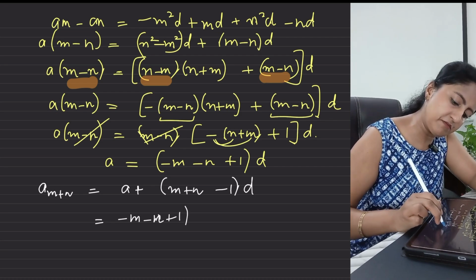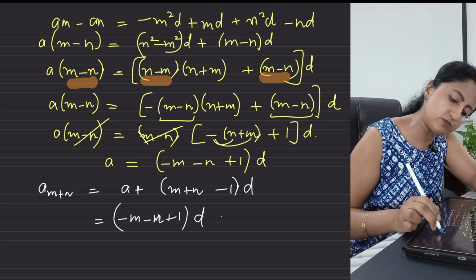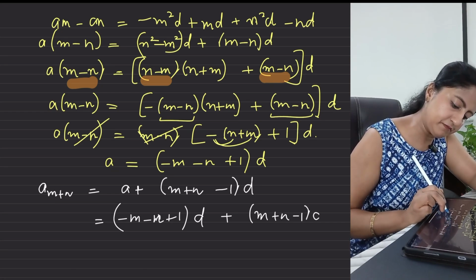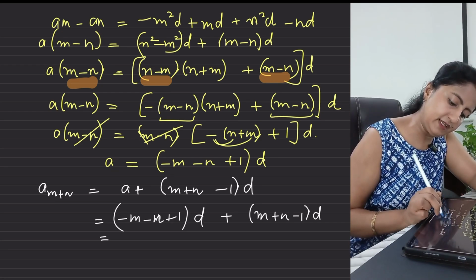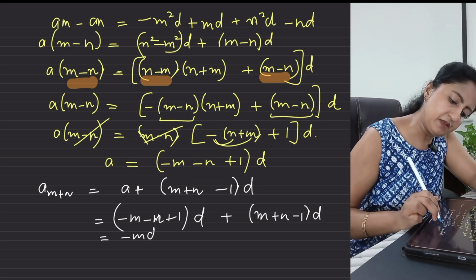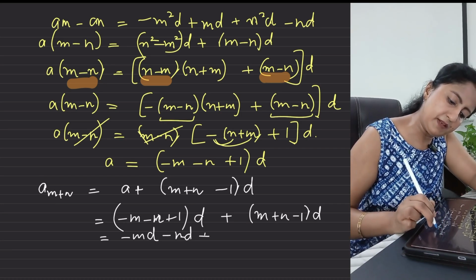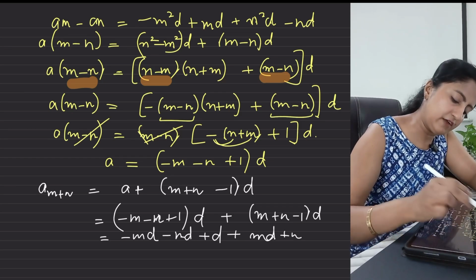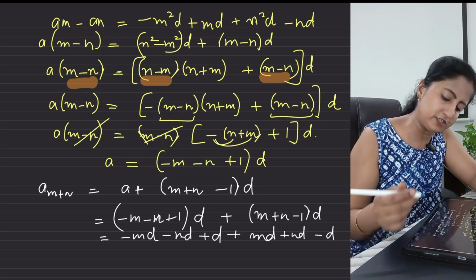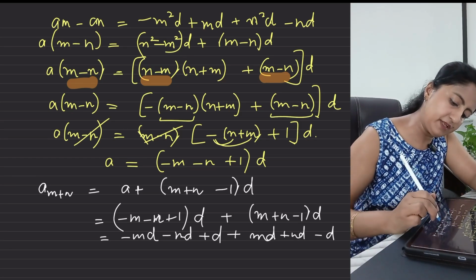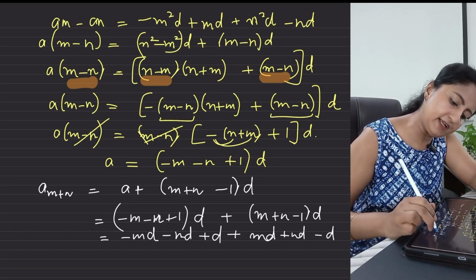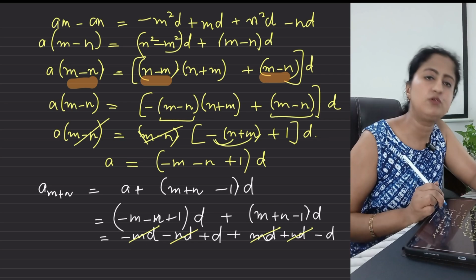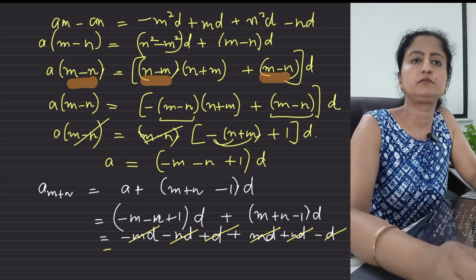And this is m plus n minus 1 times d. So let's expand: minus md minus nd plus d plus md plus nd and minus d. Now, if you see, we have got all the terms as one positive and one negative. So md got cancelled, nd got cancelled, d got cancelled, which came out to be 0 and hence proved.